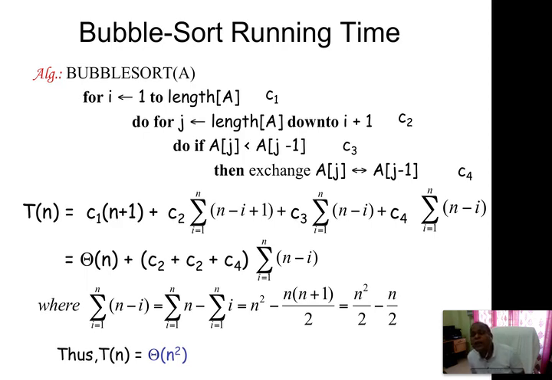Now for C2, how many times will it run? For the second instruction, for j is equal to length of A down to I plus 1, for a particular value of the outer for loop I, j will go from length of A, which is n, down to I plus 1.